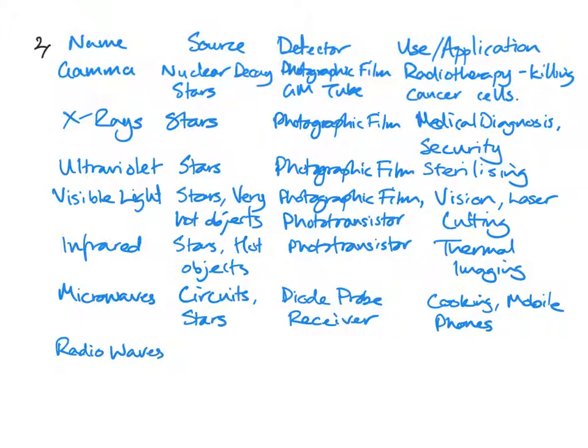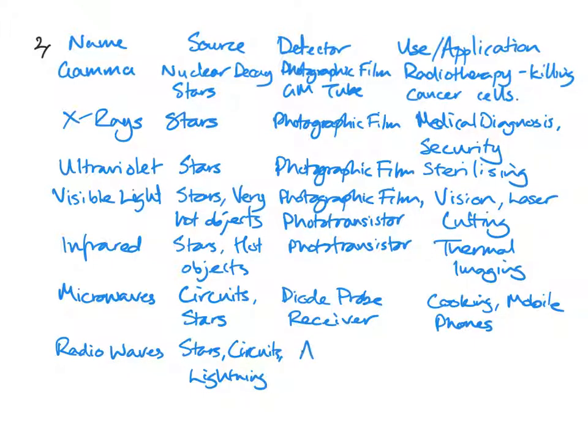And lastly, radio waves. Right, once again, stars, circuits, and lightning. Right, lightning can actually produce quite a lot of the electromagnetic spectrum.